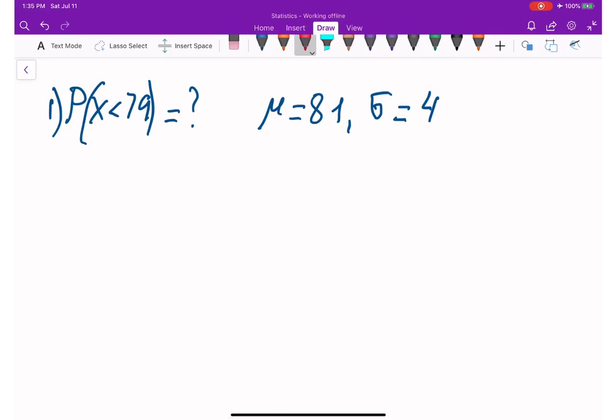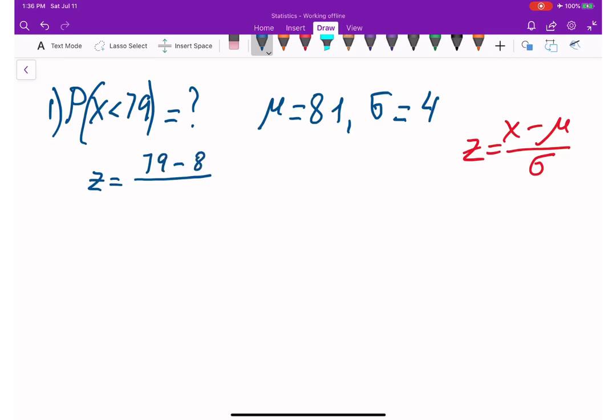Formula for z-score: x minus mu over sigma. So we are going to get the z-score, which is going to represent this value of x for the table of z-score. So z-score is equal to x less than 79 minus mu 81 and divided by 4.